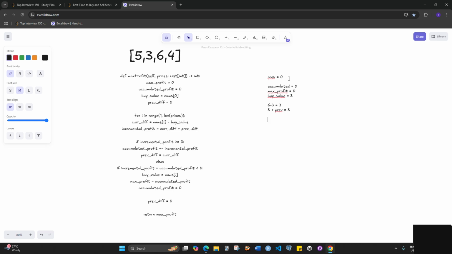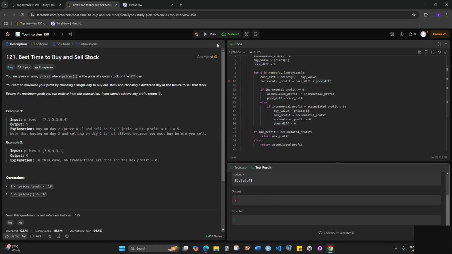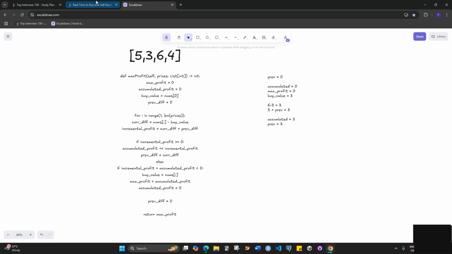And then if incremental profit is greater than, so then we do accumulated equals 3 at this point. Prev is equal to 3, and then we continue on. And then we do 4 minus 6. How can I possibly get 25 out of this? Where does 27 come from? How can I possibly get a 7?